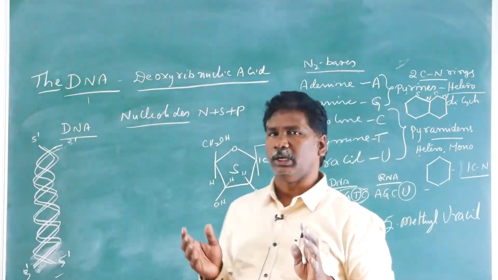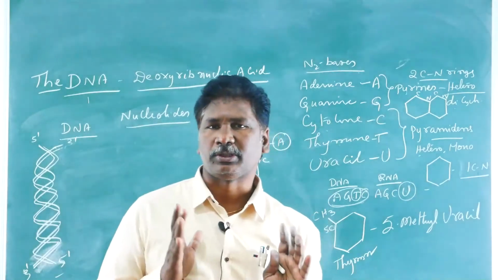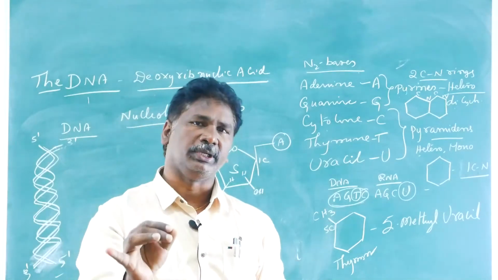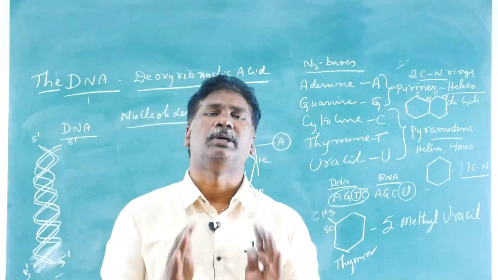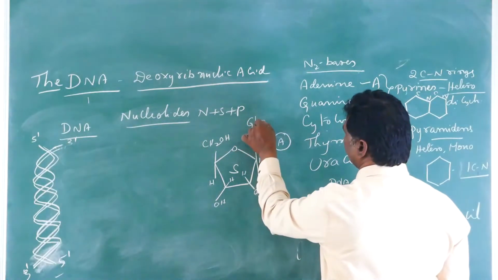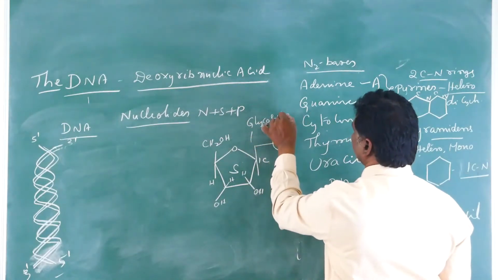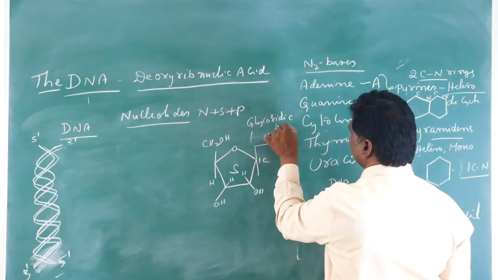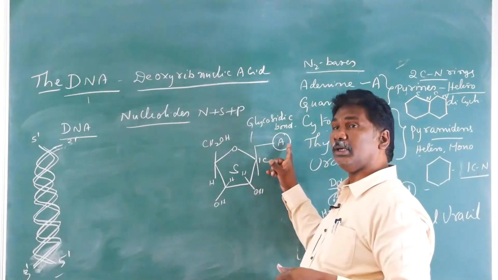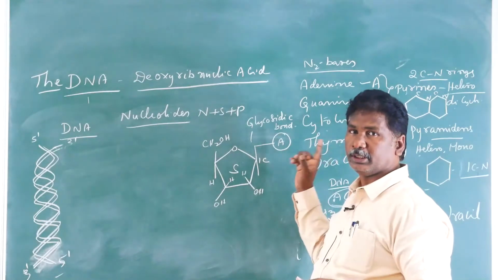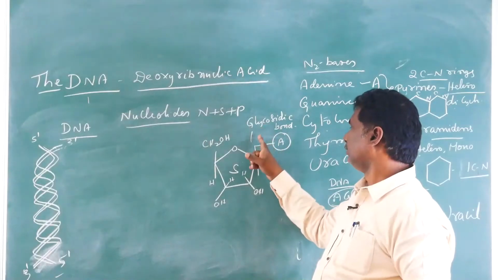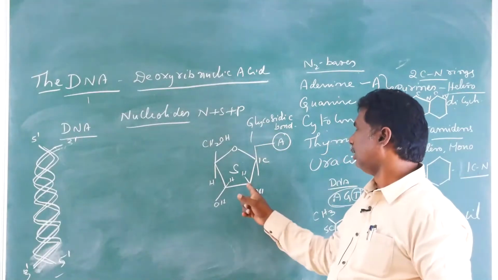In any DNA or RNA, during the formation of nucleotides, the nitrogen base is always attached to the first carbon atom of the sugar with the help of a glycosidic bond, whether adenine, guanine, thymine or cytosine.